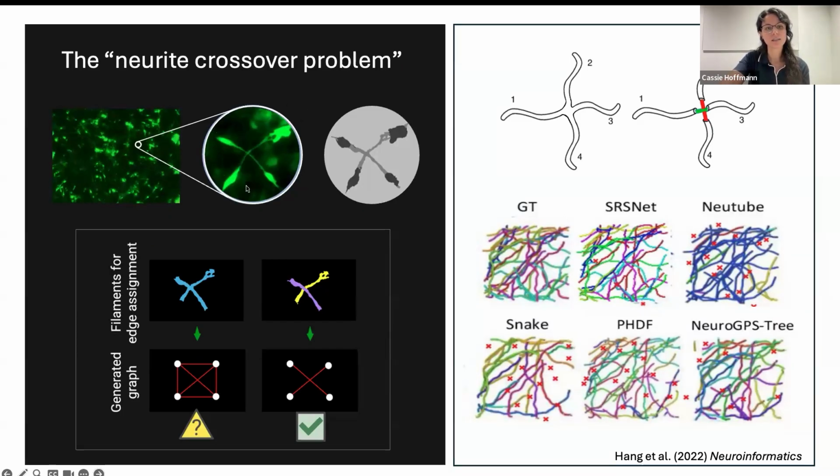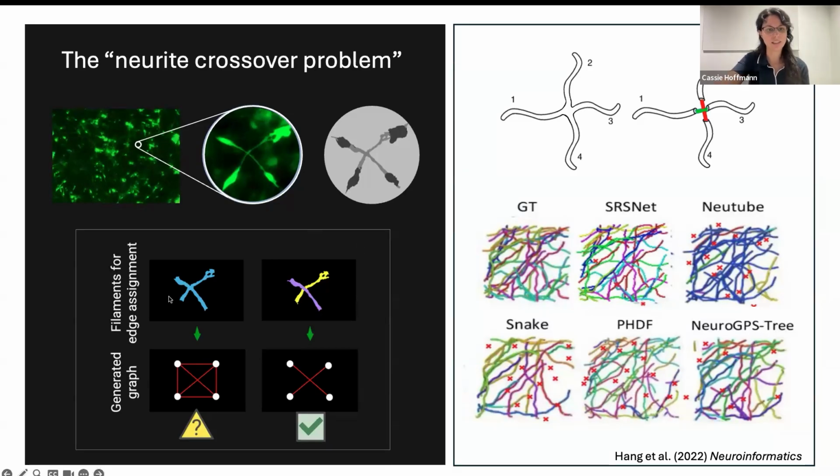It describes scenarios where you've got neurites extending from different somata that each come to a crossover point, or juncture point, in the middle. We as humans can very easily distinguish which neurite belongs to which cell, but it can be difficult for, say, a network reconstruction algorithm or a segmentation algorithm to make that call.